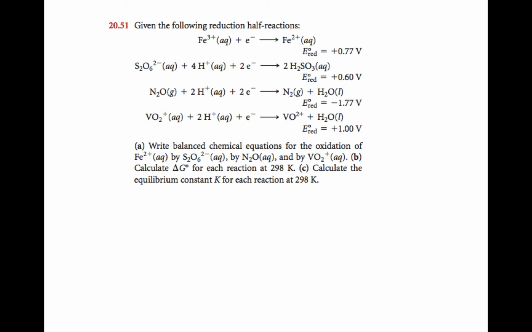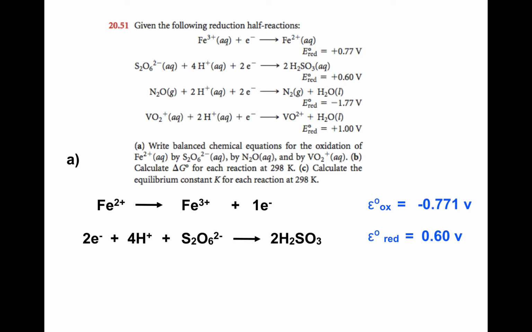So if I put this together, right, iron 2 plus losing electrons turning into iron 3 plus, I turn the reduction potential for iron 3 plus around, make it an oxidation potential. I add that to the reduction potential for S2O6 2 minus, and add the two together and get the voltage for the cell.